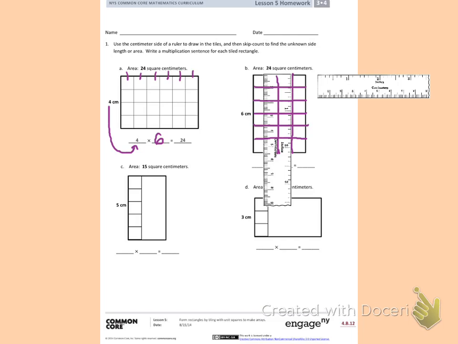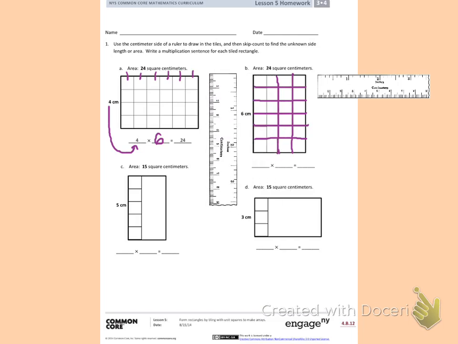All right, let's look and see what it looks like now. Well, my lines aren't perfectly straight, but you get the idea. I have followed the directions. I've used my centimeter side of the ruler to draw in the tiles. Now I have to skip count to find the unknown side length or area.